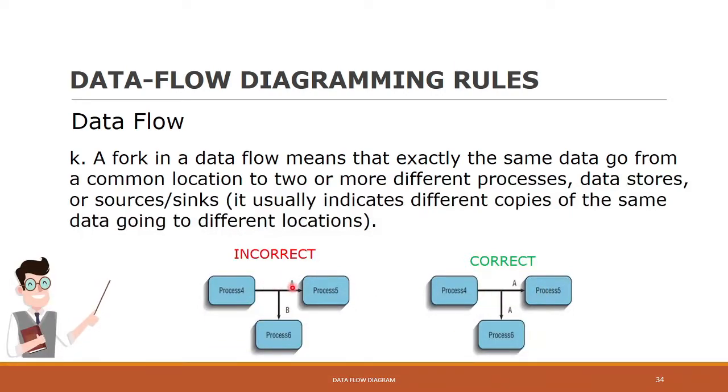So you don't need to name another data flow. Maybe we can understand this if we have an actual making of a data flow diagram, if we are creating an information system.